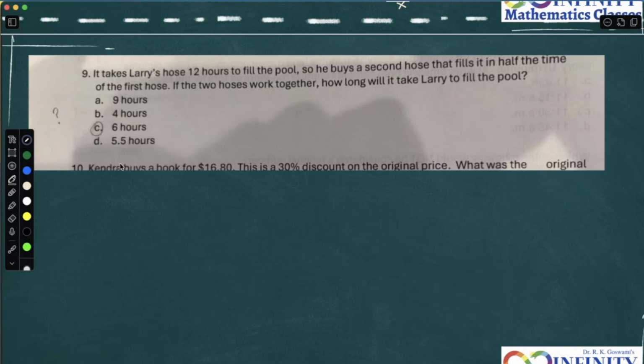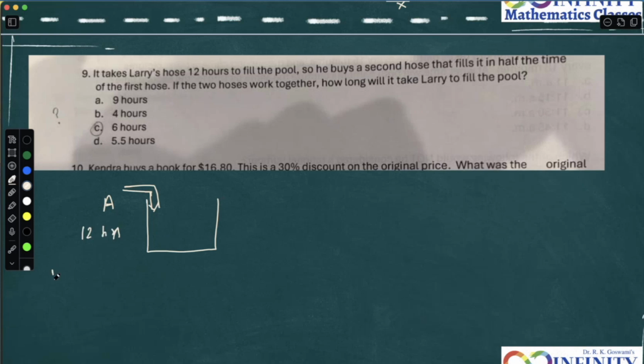So this is the type of question basically. Just suppose this is some kind of tank. You can use the word hose, which fills it in 12 hours. Let me name it A. So it can fill the complete tank in 12 hours.